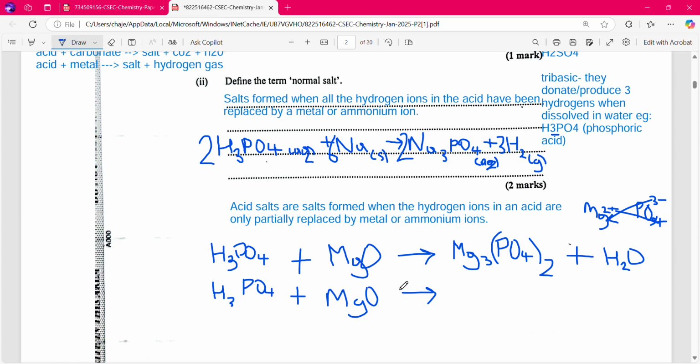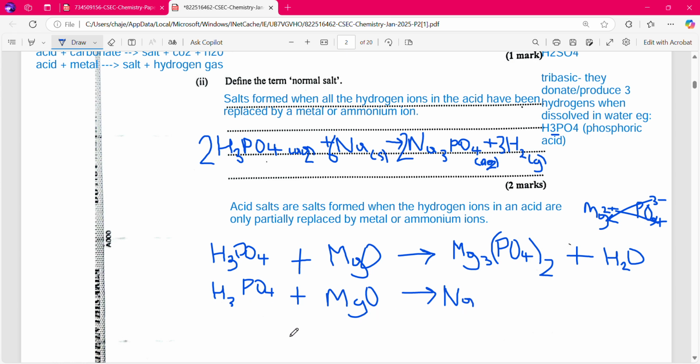Alright, I'm gonna go ahead. So originally it would have been 3 hydrogens. In acid salts, we don't replace all 3 hydrogens. So let's say we choose to replace only one of those hydrogens. Right? So if we replace one hydrogen, that means we are gonna have 1 sodium. And if we take out 1 out of the 3 hydrogens, that means we have 2 hydrogens left back.